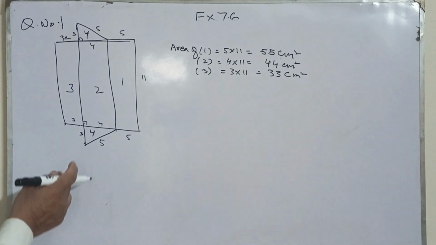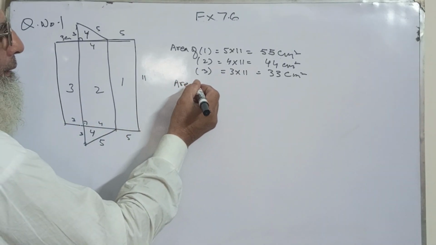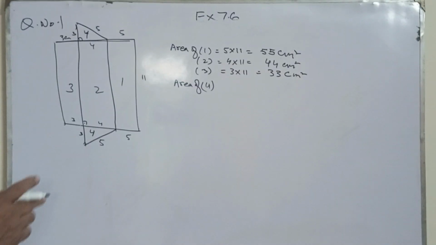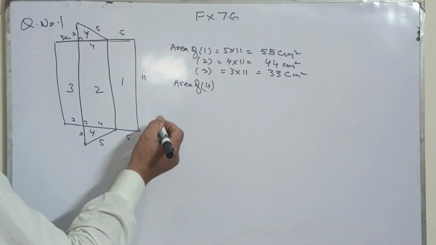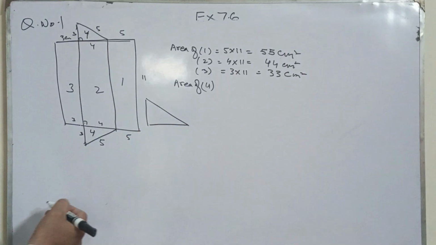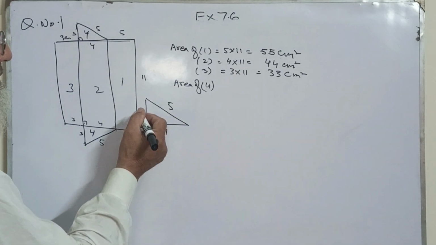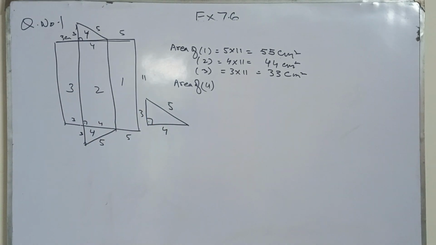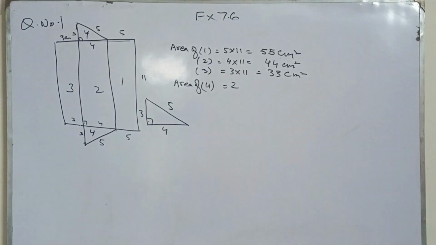Now, dear students, about the triangle, area of triangle 4. These are 2 in number. Let me draw one triangle over here to visualize it better. This is 5, this is 4, and this is 3, and this is a right angle triangle. So these are 2, and I am going to multiply by 2.